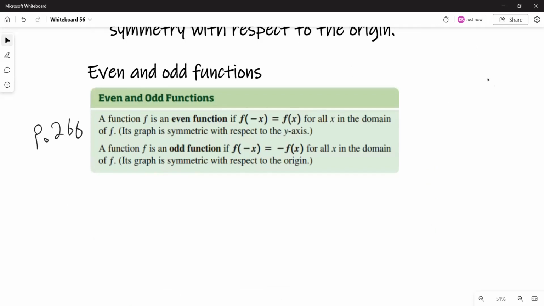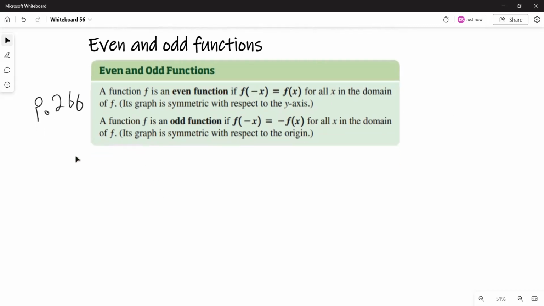A function f is an even function if f of the opposite of x equals f of x for all x in the domain of f. That is, the graph is going to be symmetric with respect to the y-axis. And a function is an odd function if f of the opposite of x is the opposite of f of x for all x in the domain of f. That is, the graph is symmetric with respect to the origin. So an even function is symmetric with respect to the y-axis, and an odd function is symmetric with respect to the origin.